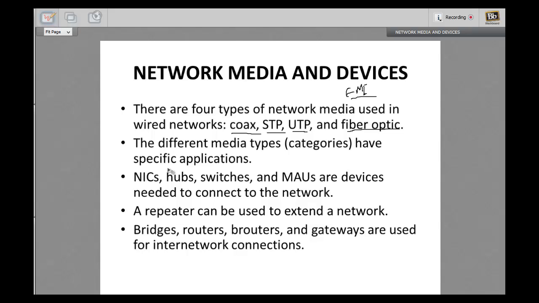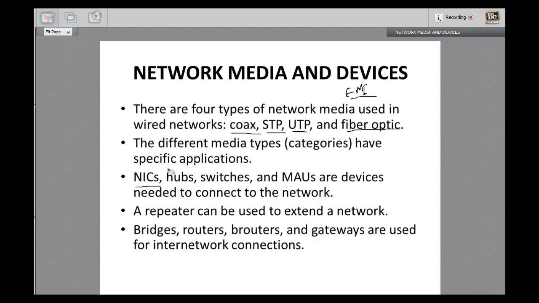There are communication devices such as NICs, the network interface cards, and they are now usually included in each computer. They are embedded inside.